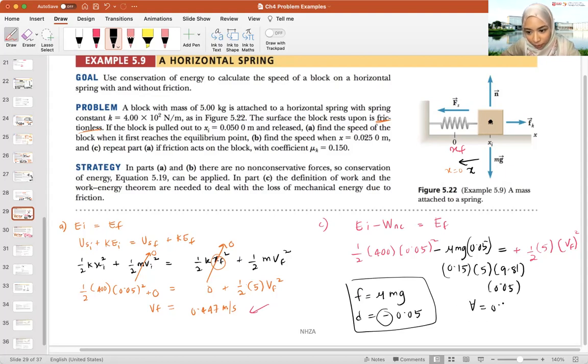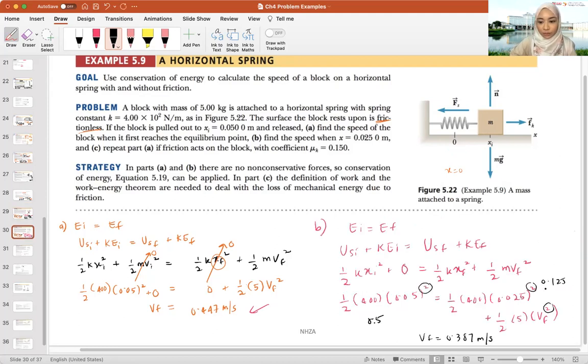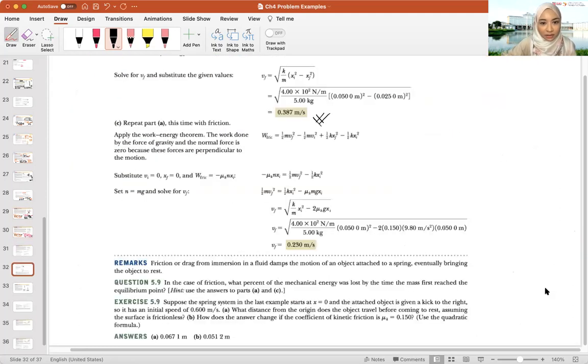Dapat 0.367, 0.37 ke 0.37 berapa? 0.37. Okay, 0.37. Let's see. Thank you. Ada orang tolong rajin kan? Okay, we need to figure. Saya dapat 0.230.